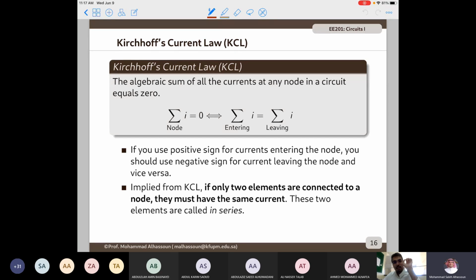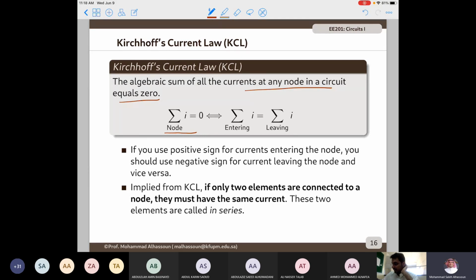Let's pause for a while and define Kirchhoff's current law, Kirchhoff's voltage law, and then we'll move to an exercise. Kirchhoff's current law states that the sum of all currents at any node in a circuit is equal to 0. So if you take any node and sum all the currents going into that node, you should get 0.